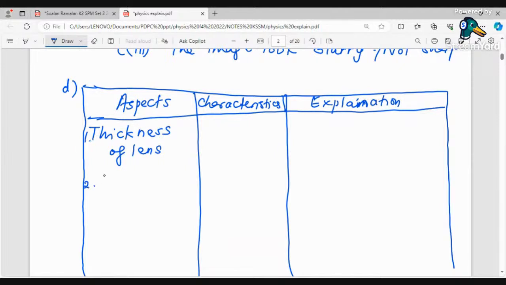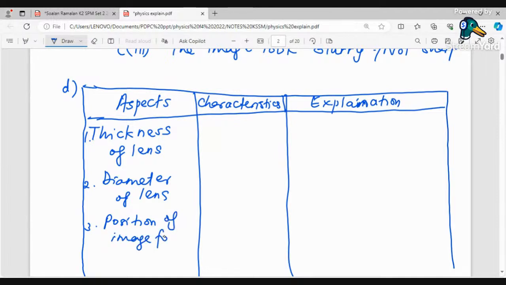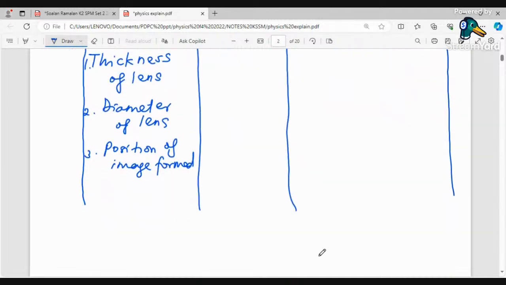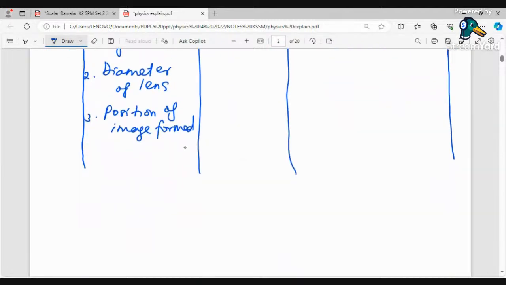Second characteristic tadi ialah diameter of lens. Salin je balik. Yang ketiga tadi ialah position of image form. Okay.